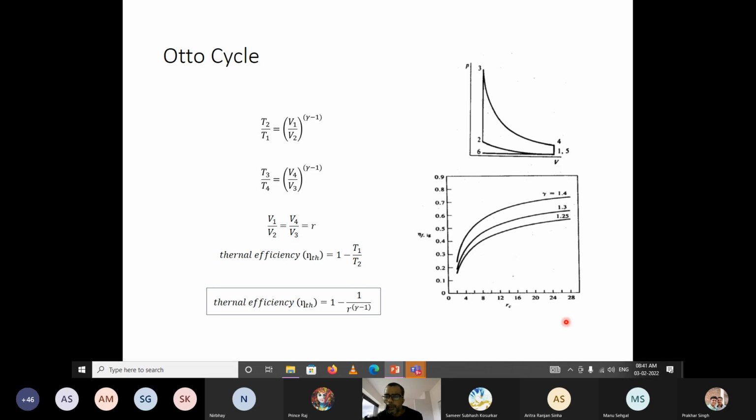Okay, that's fine. We will discuss this case whenever we come to that point. But here, at least for the ideal cycle, that is what we are getting. So the thermal efficiency is increasing with the compression ratio, and it will also increase with increasing the polytropic constant.